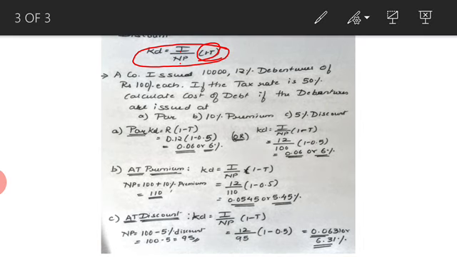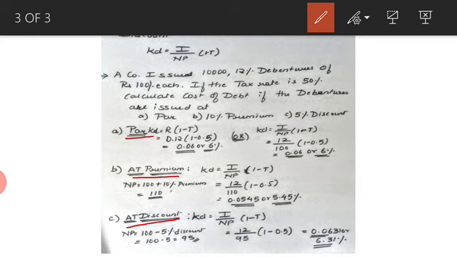So let's understand this particular formula with the use of a problem. Now this problem has all the three variants, that is par, premium and discount. A company issues 10,000 12% debentures.